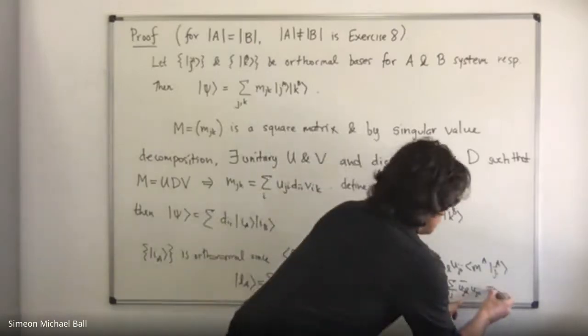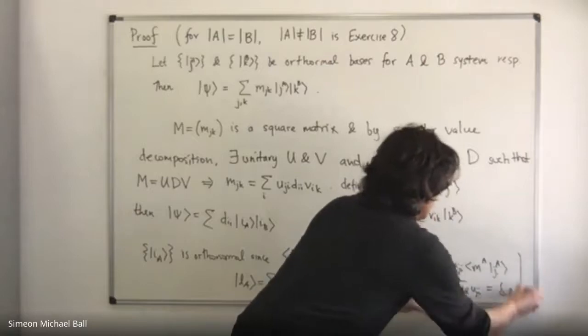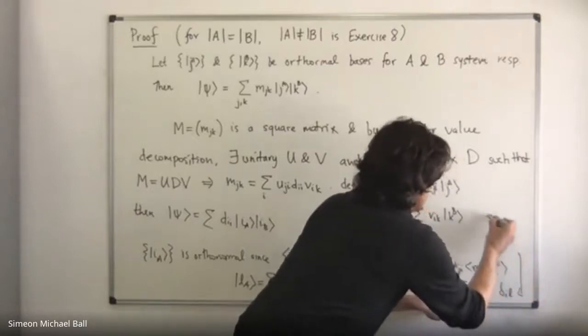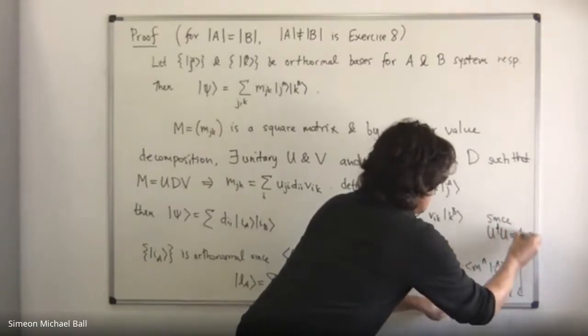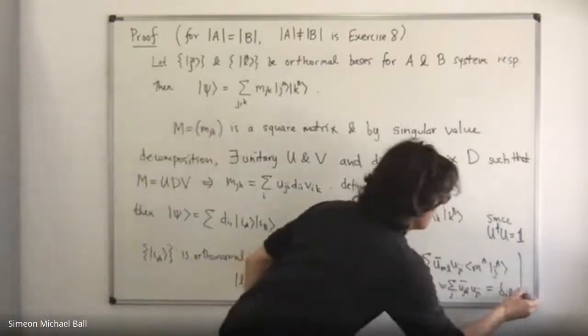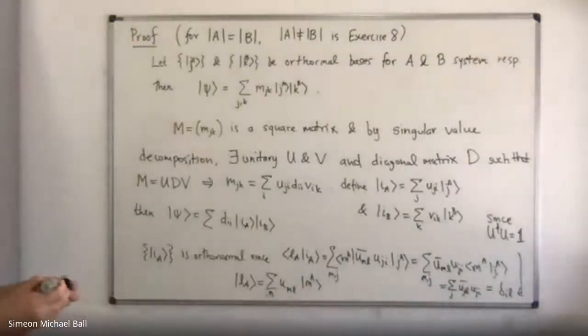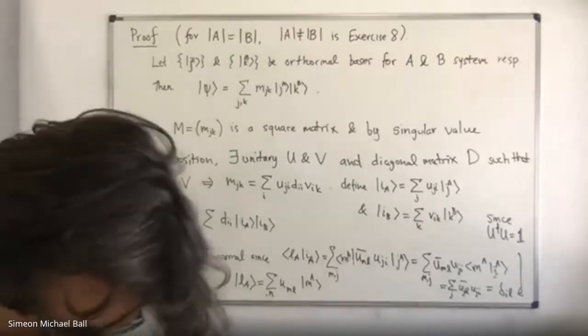So this would just be delta il, since U Hermitian U is the identity. Yeah, subscripts and superscripts, very good.